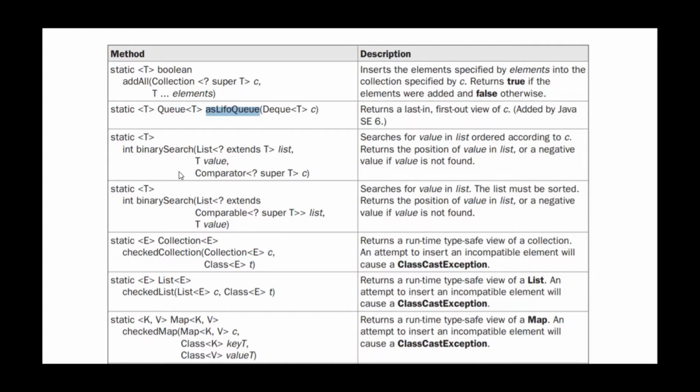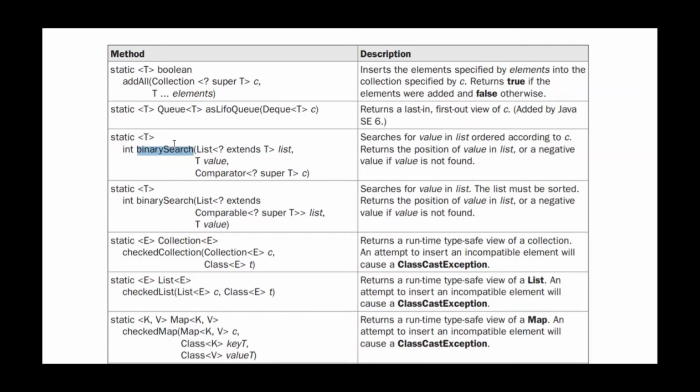Then if you want the binary search, we can use this binarySearch method. Here a search value will be given and it conducts the search for the value in the list ordered according to the comparator key.